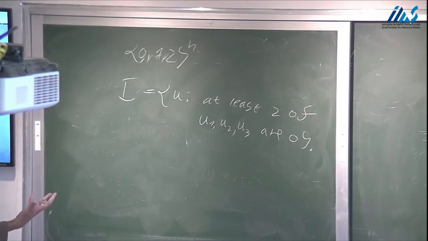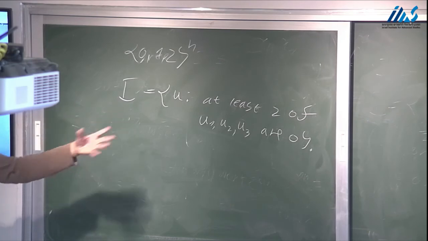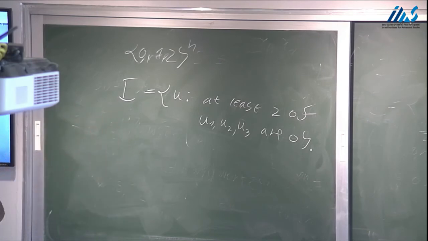But this still has some structure. So maybe it's true that this is the only way to get an independent set: fix a bounded number of coordinates and do something on them. Well, that's obviously false, because I can take I, and now I take a random subset of I, just half the vertices in I, and I'll get something.